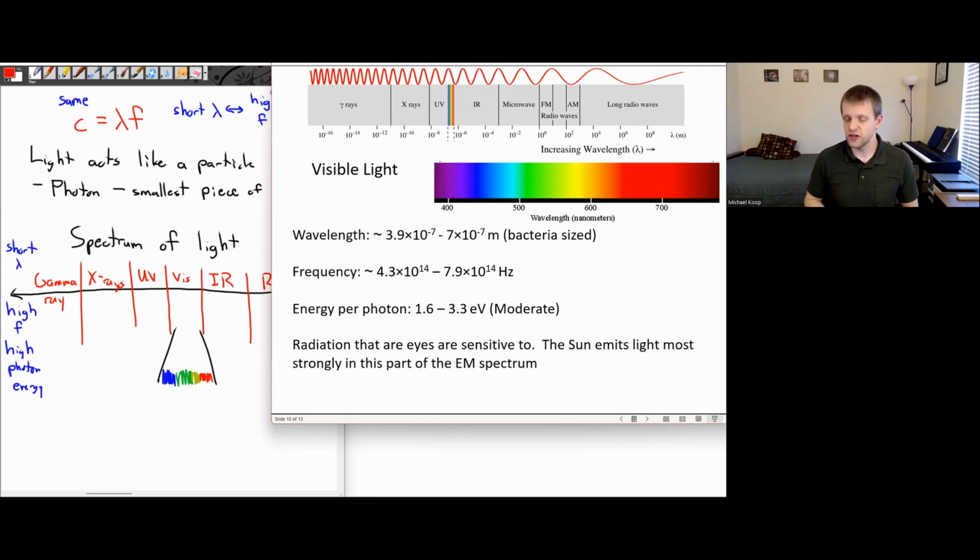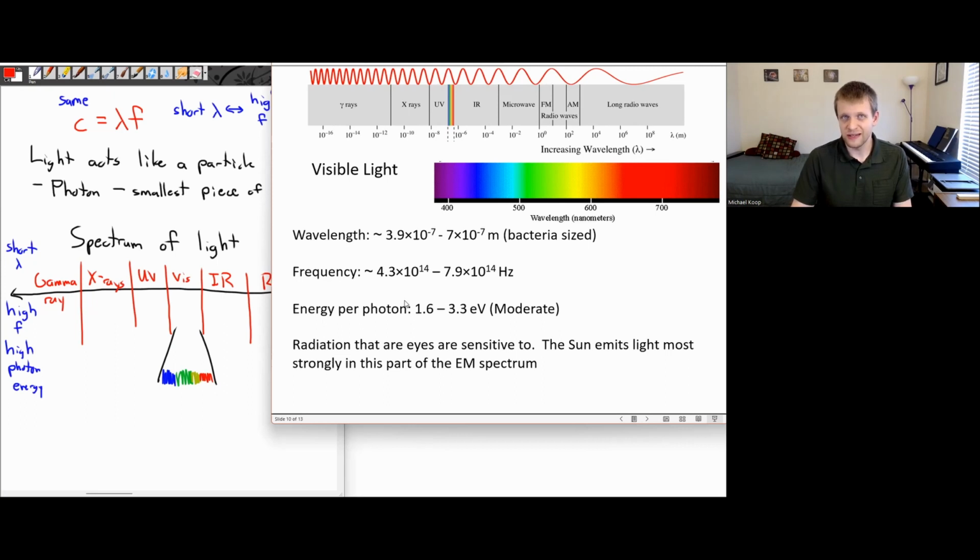Though it is interesting to note that other animals that have eyes somewhat different than ours, some animals are able to see a little bit more into the ultraviolet part of the spectrum. Other animals are able to see a little bit more into the infrared part of the spectrum. And again, this energy per photon, like I said, is around 1.5 to 3 electron volts of energy. Compare that to the millions of electron volts of energy per photon for gamma rays.